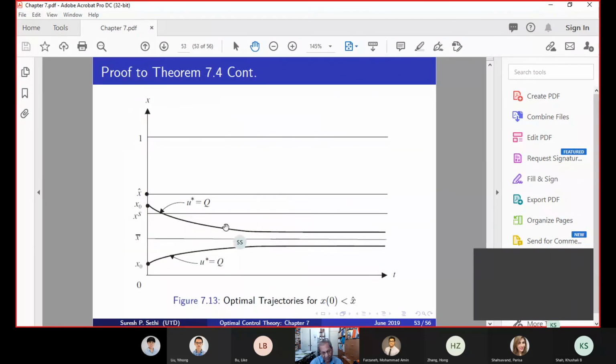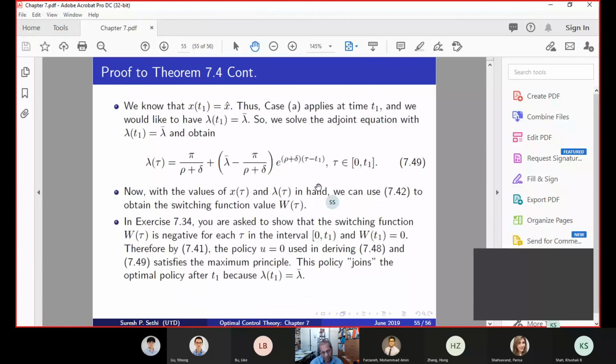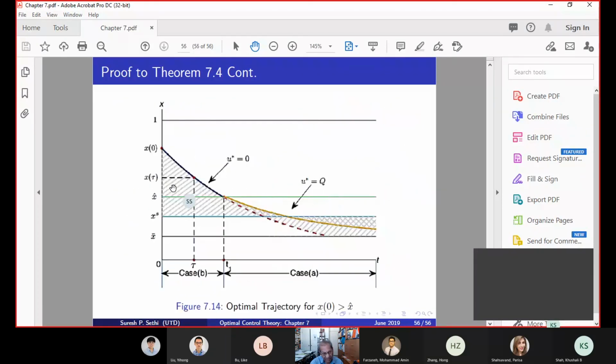It has this one because this picture concludes that if my x0 is below x hat, I don't need this 0 portion. It's clear, right? Because remember, it's an infinite horizon problem. So that problem can begin here. A problem can begin here. So at any time t, if I begin the problem here, the optimal will be this yellow line.